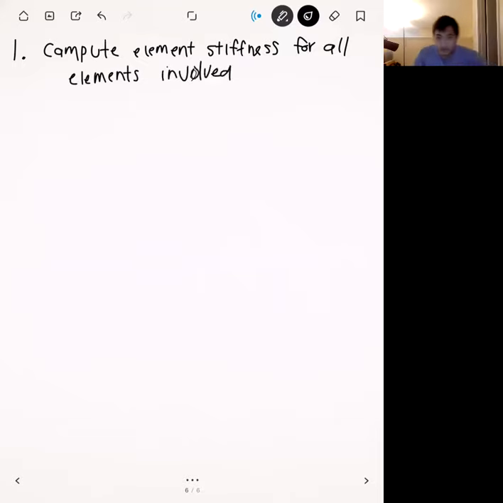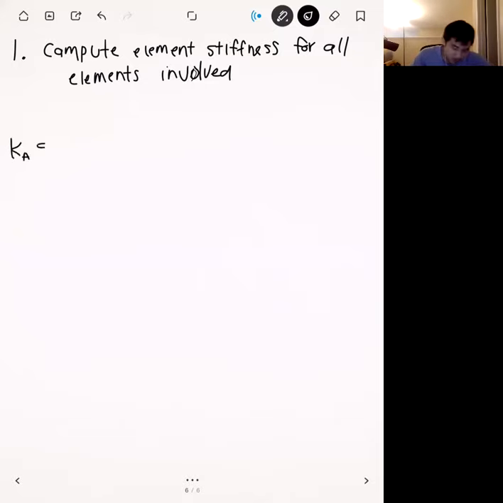Because our 3 beams are identical, we can use the same element stiffness for them. Since all of these are beam elements, we're going to use the element stiffness matrix for a beam.